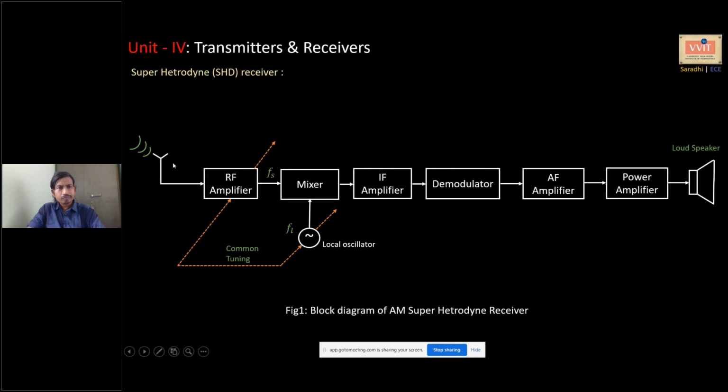The receiver, that means this tuned amplifier, is tuned to any message signal, any channel, right from 550 kilohertz to 1650 kilohertz.